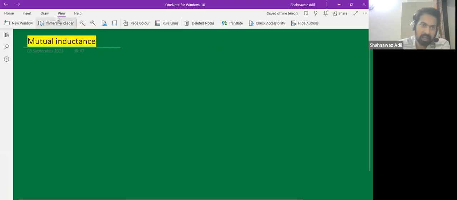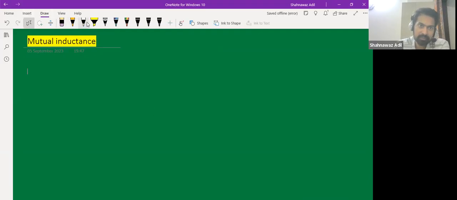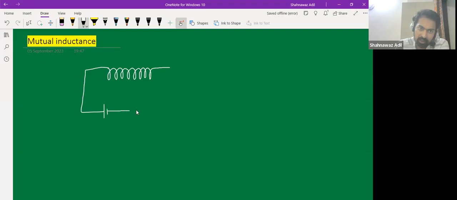Let's say that if you have a coil, and you switch on this coil, which means that some current will increase, and adjacent to this coil you have another coil.